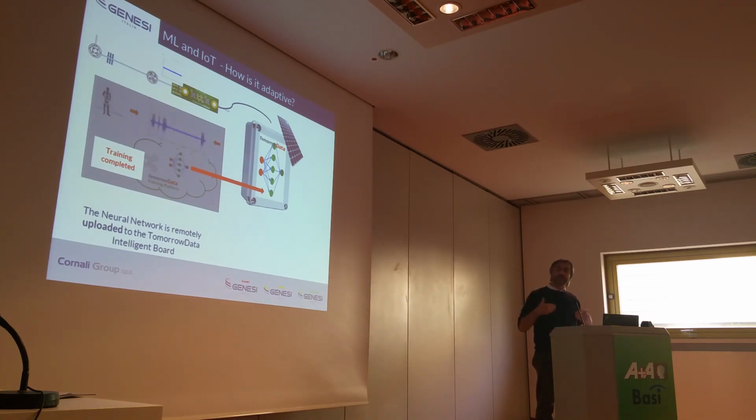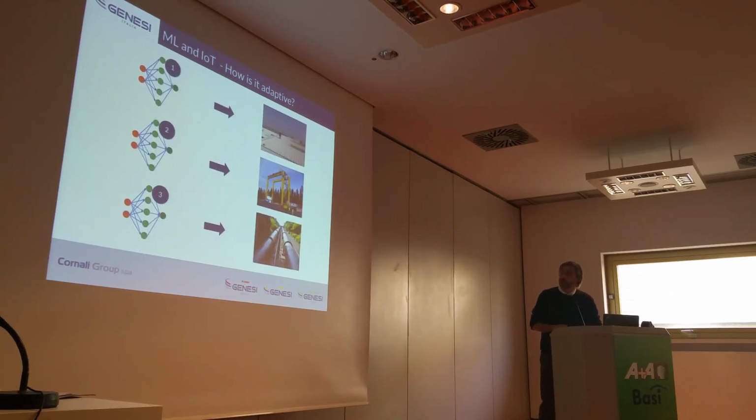We just make a batch remote new training, and the intelligent units start detecting with the correct behavior. And this is also how we can achieve the adaptive requirement, because we can train different models for the different environmental situations.